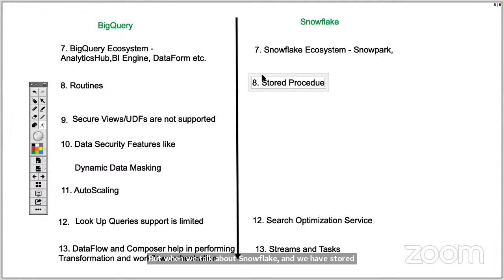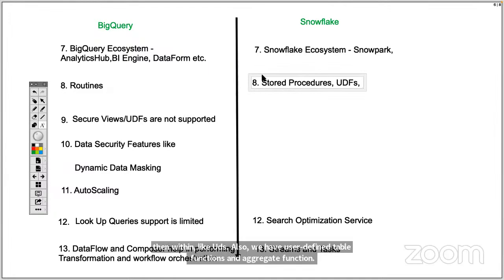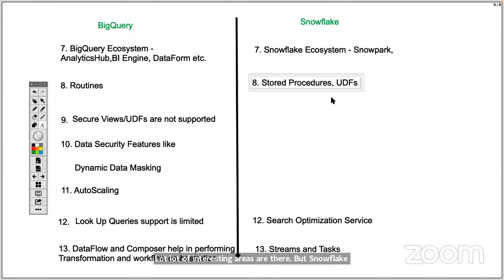Again, we have UDFs, and within UDFs we also have user defined table functions and aggregate functions. A lot of interesting areas are there, but Snowflake has these functionalities: stored procedures and UDFs.